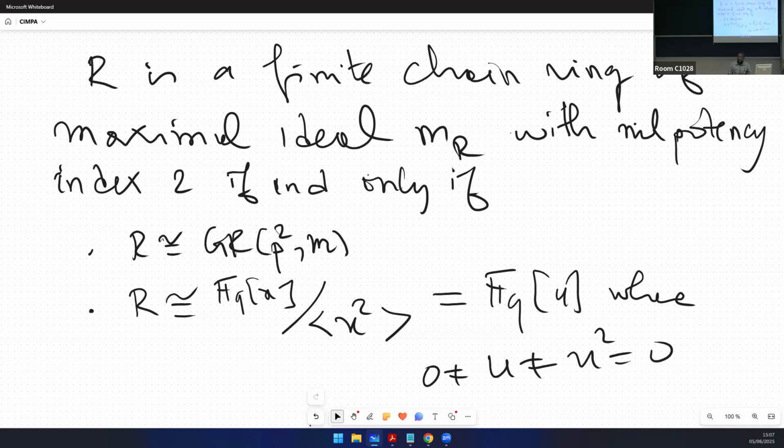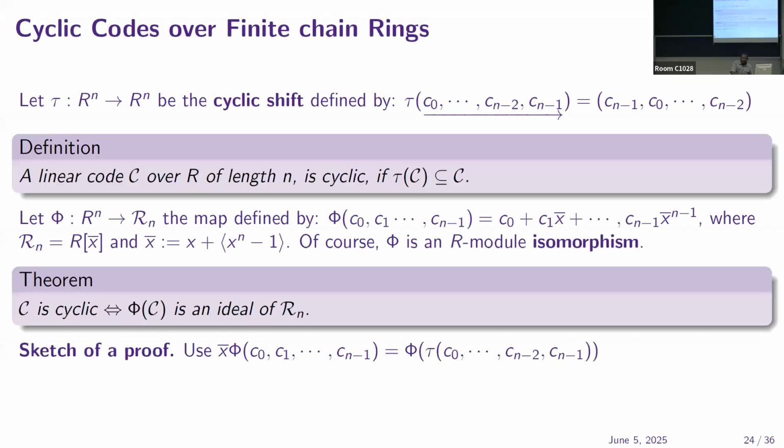Okay. When you say finite chain ring of maximum ideal with nilpotent index 2, we are talking about this ring.